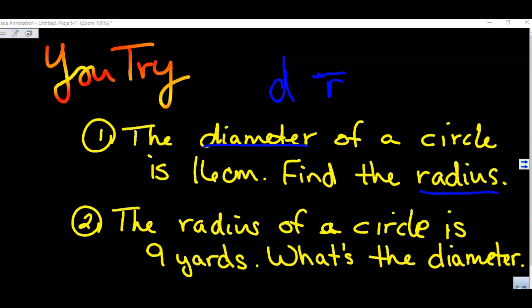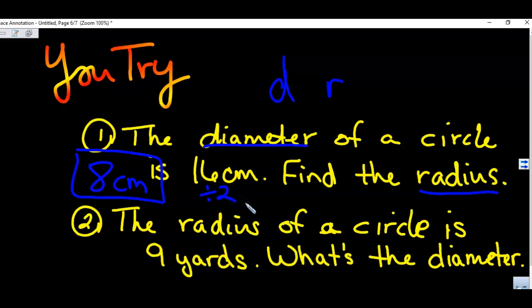The R, or the radius, is always the shorter length. Hopefully that helps you out. But if we know the diameter, that's the big guy, we can find the radius because the radius is half of him. So the radius in this example would have been 8. 16 divided by 2.